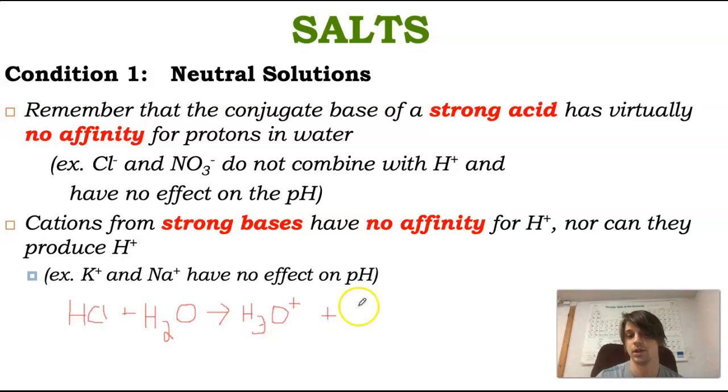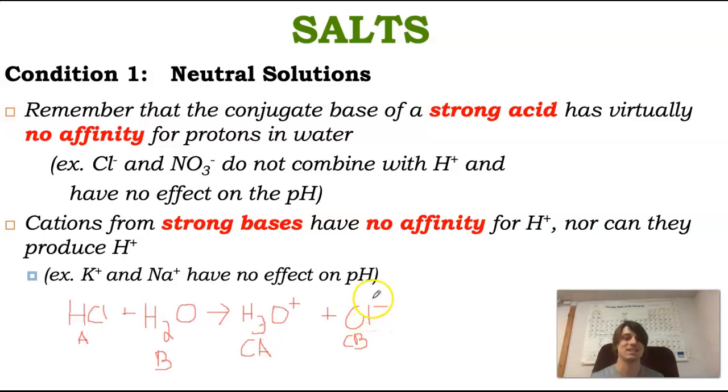Hopefully this equation makes sense and we're comfortable with it. If I were to identify Bronsted-Lowry conjugate acids and conjugate bases, HCl would be the acid, Cl- would be the conjugate base, H2O would be a base, and H3O+ would be the conjugate acid.